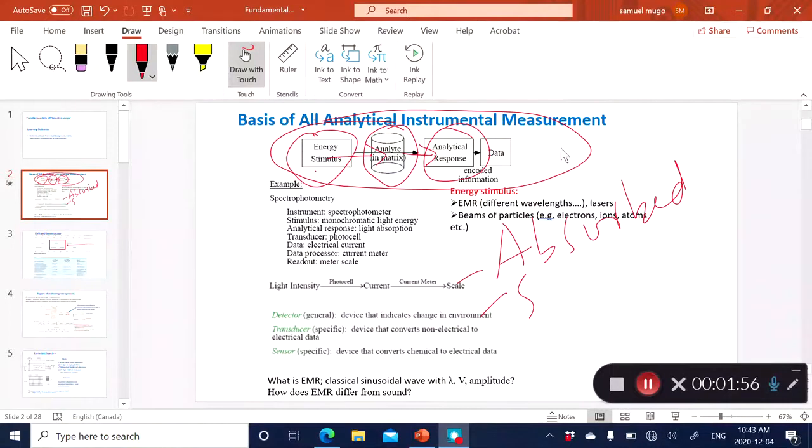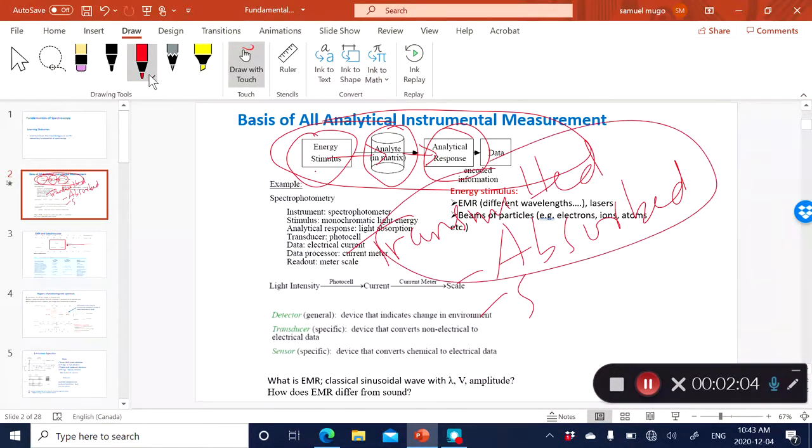And then you can look at the light that is actually transmitted. The basis of that, for example, is absorbance spectroscopy.